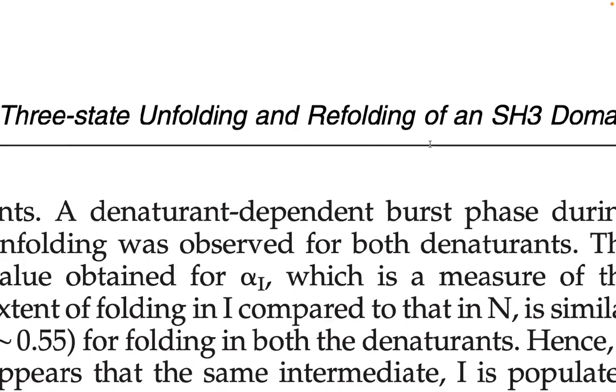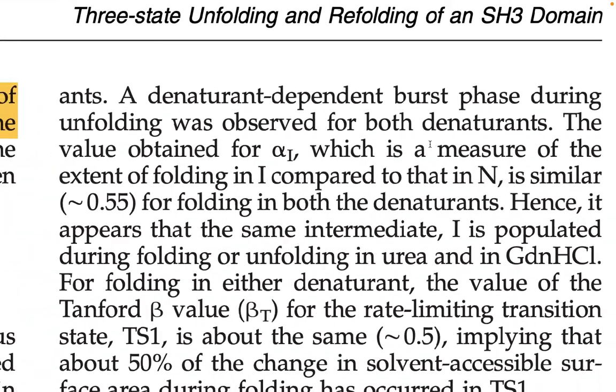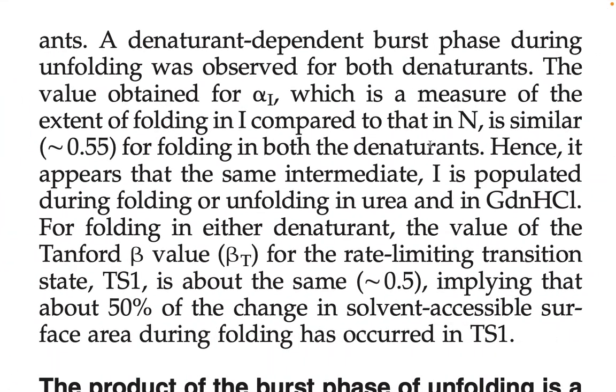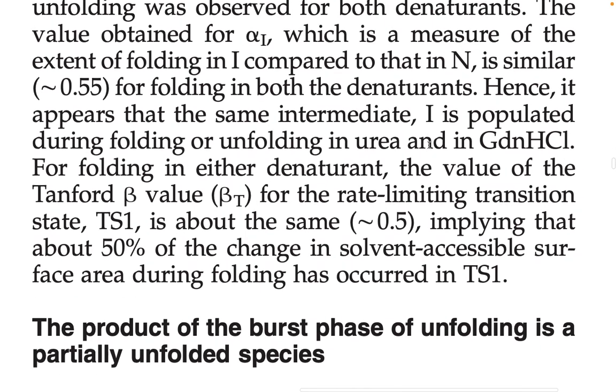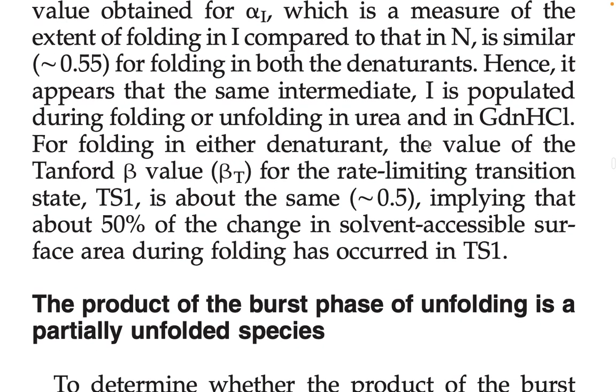A denaturant dependent burst phase during unfolding was observed for both denaturants. The value obtained for alpha 1, which is a measure of the extent of folding in I compared to that in N, is similar for folding in both the denaturants. Hence, it appears that the same intermediate I is populated during folding or unfolding in urea and in guanidinium hydrochloride.